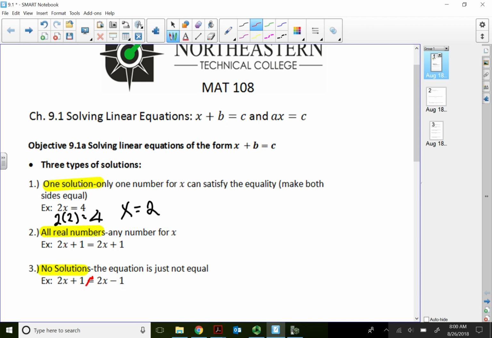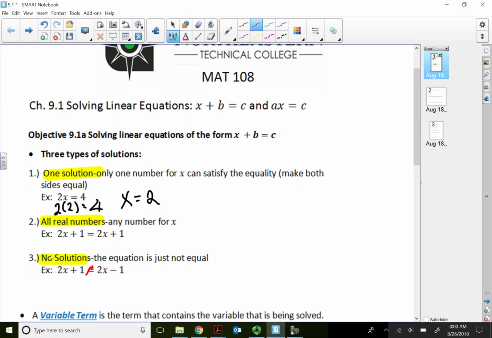So from time to time, we will run into all real numbers, which means you have an infinite number of solutions that make the left side equal to the right side, or you just don't have any solutions.